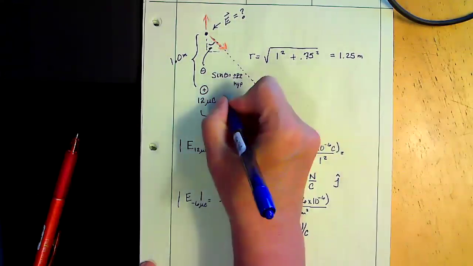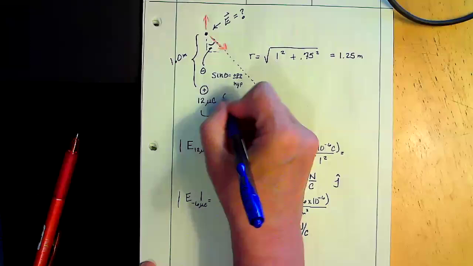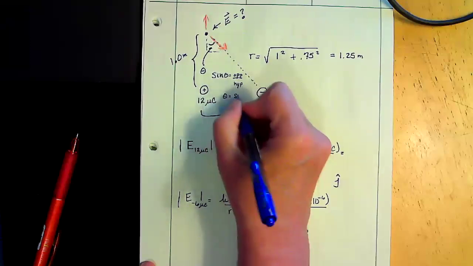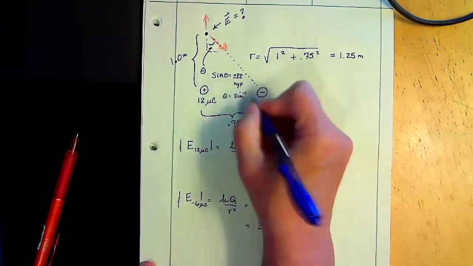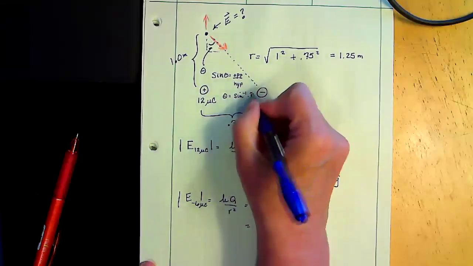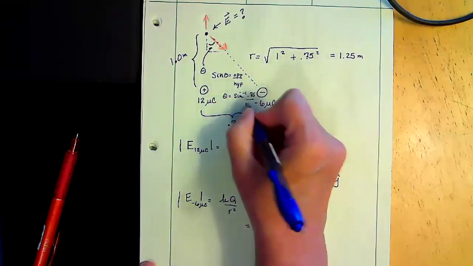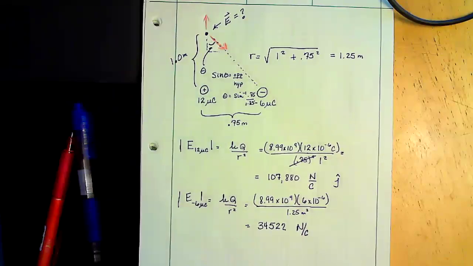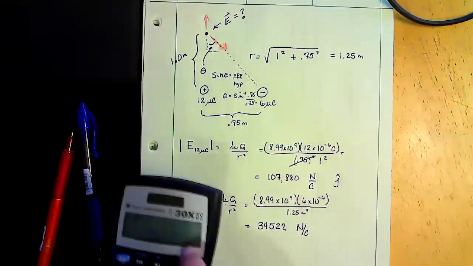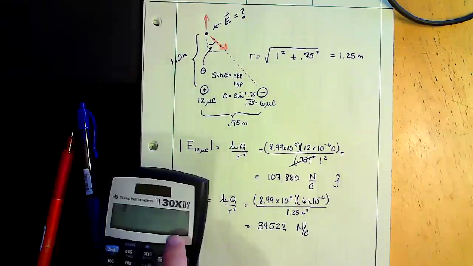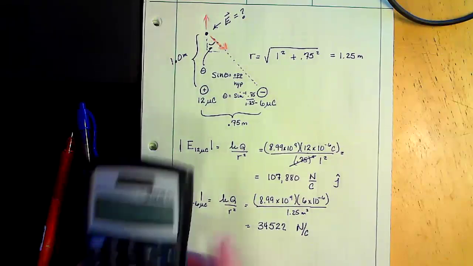So if I'm going to do the angle, it's going to be the arc sine of my opposite, which is 0.75, and my hypotenuse is 1.25. Because we were dealing with rotational motion last time, we have to make sure our calculator is in degrees or radians, whichever way we want to do it.